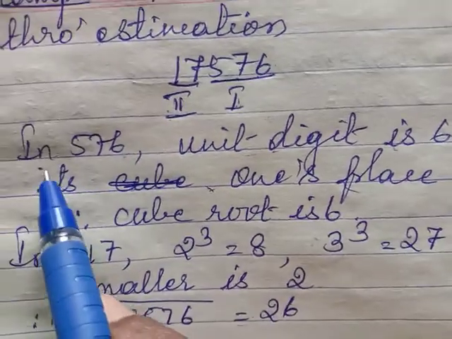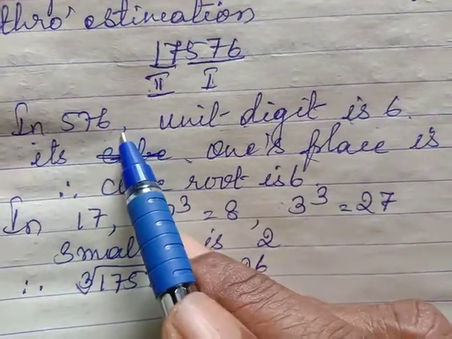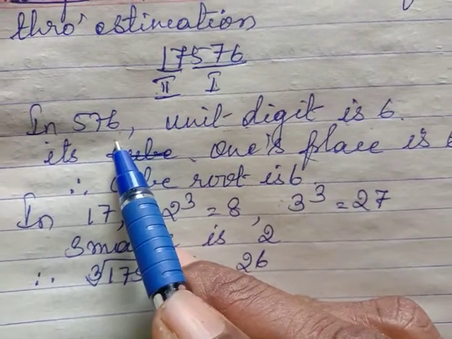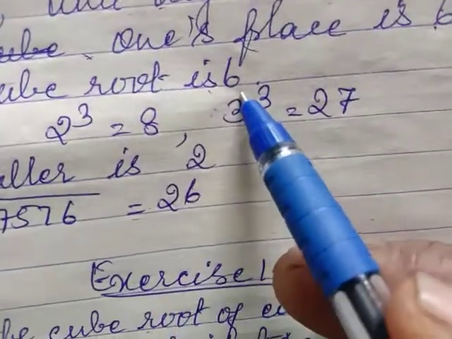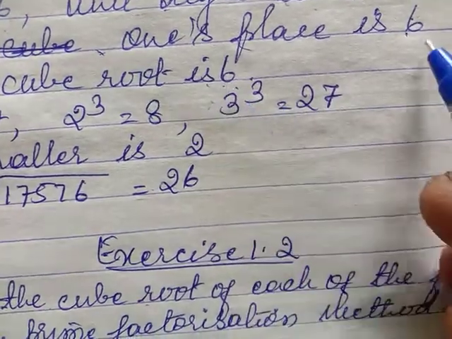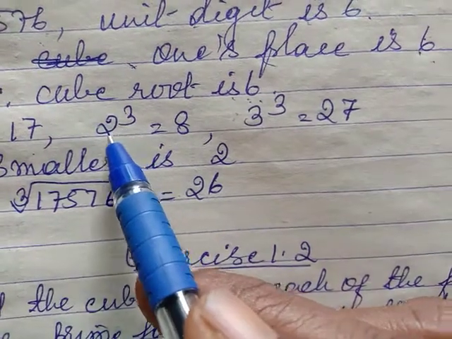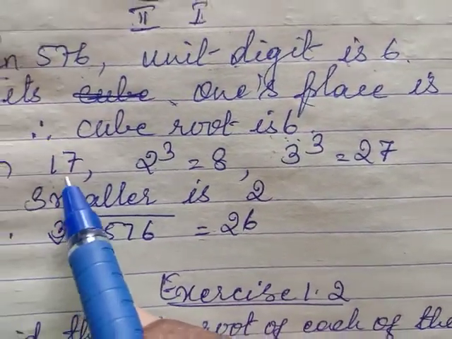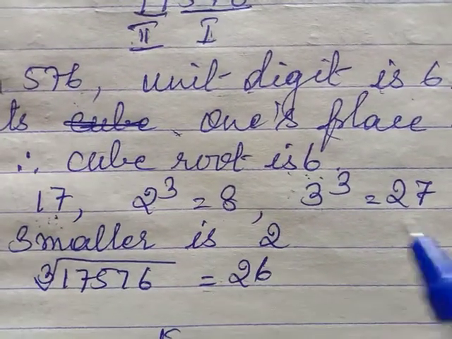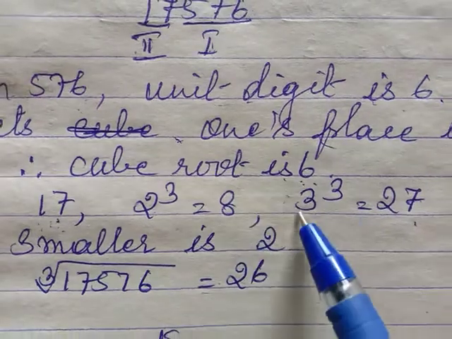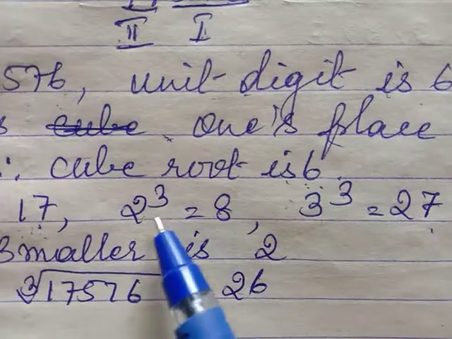Now in 576 the unit digit is how much? 6. Usually the cube root of a number ending in 6 always ends in 6. Therefore the units place of the cube root becomes 6. Now we have to see where this 17 lies in cubic numbers. 17 lies between 8 and 27, that is 2 cube and 3 cube.